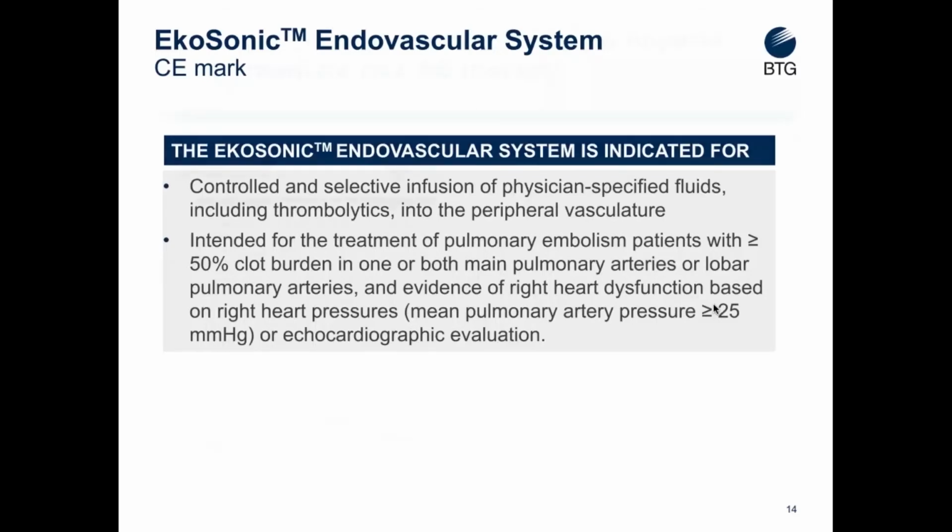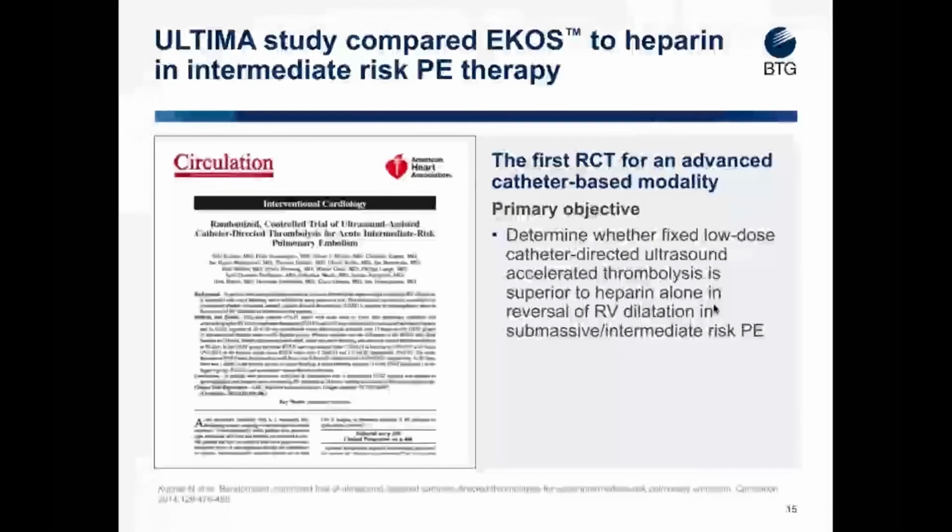Now, it's difficult to get into a discussion of OPTALYSE and what that means unless we talk about two very important studies in the emergence of EKOS therapy for our patients. ULTIMA was a randomized study of EKOS treatment versus standard heparin anticoagulation.